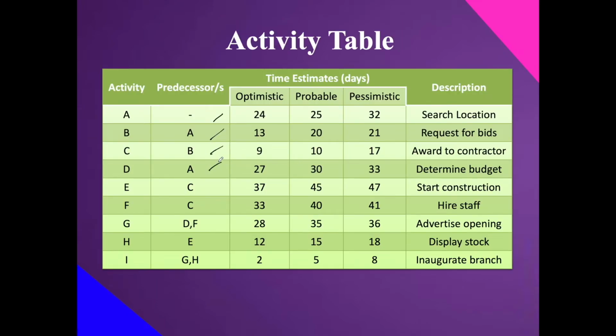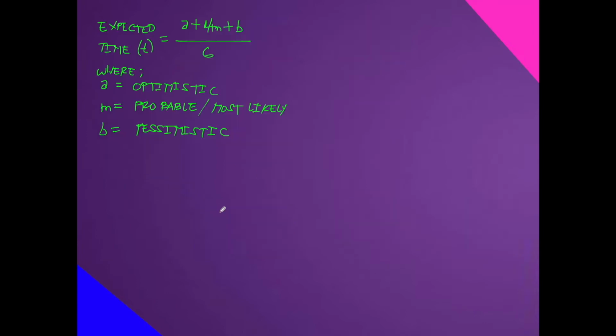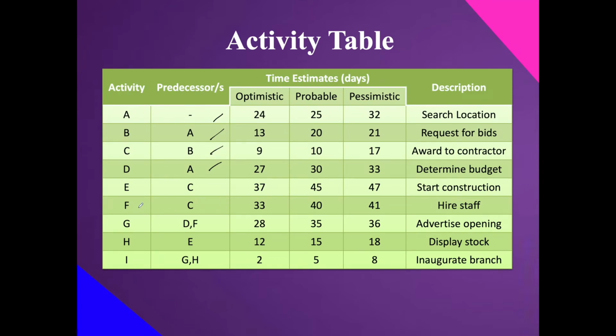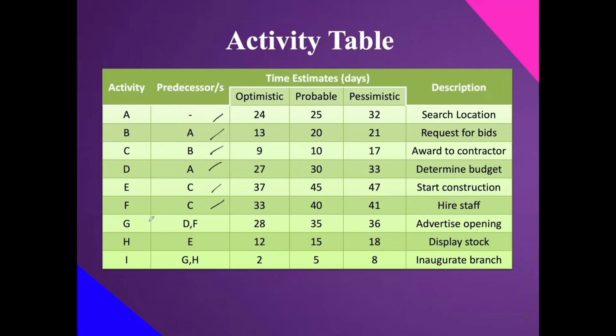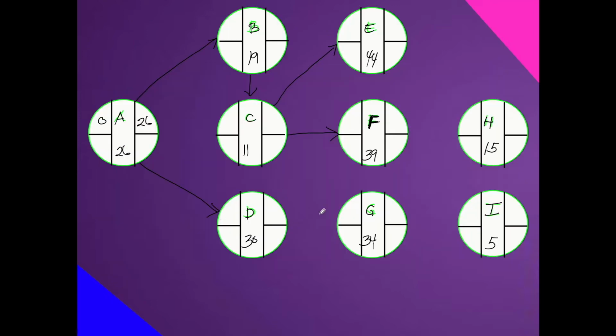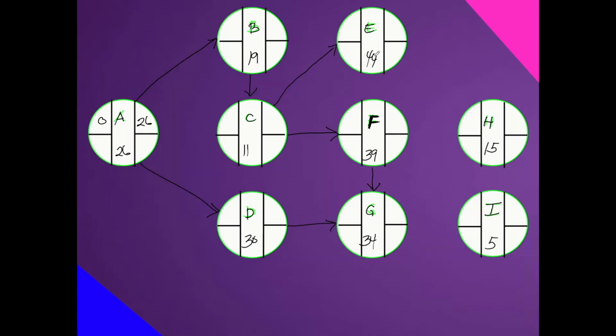For D, the predecessor is A. For E and F, the predecessor is C, so C is connected to E and also to F. Next, G has predecessors D and F. H has predecessor E. Lastly, I has predecessors G and H.